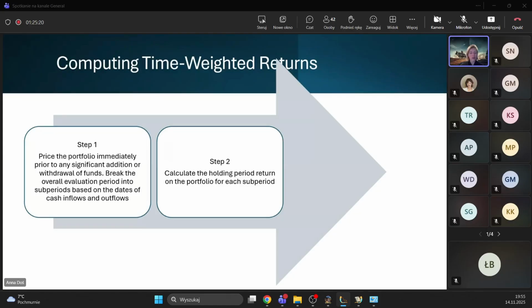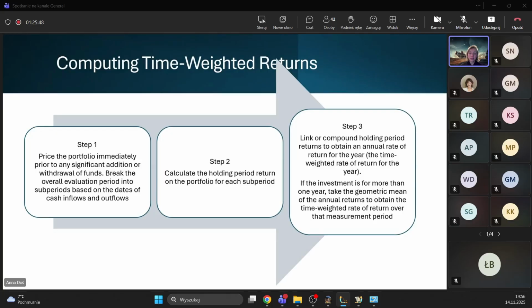Then there are additions at the beginning of the second year, and at the beginning of the second year you have $3 million, but you calculate the holding period return just for the second period, assuming that the 2 million is the initial beginning value of your fund. And again, in the third period, there can be some withdrawals. You have just $1.5 million. You calculate the holding period return just for the third period. And then you take just these sub-periods' holding period returns and you calculate the overall return.